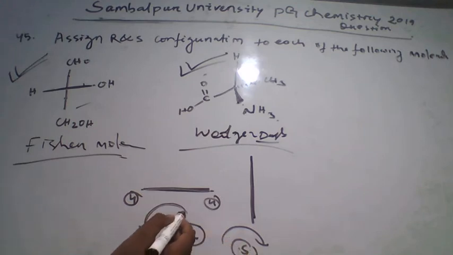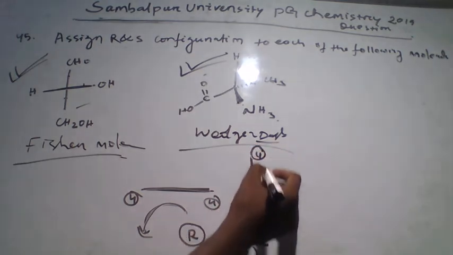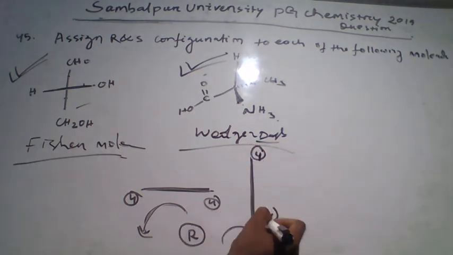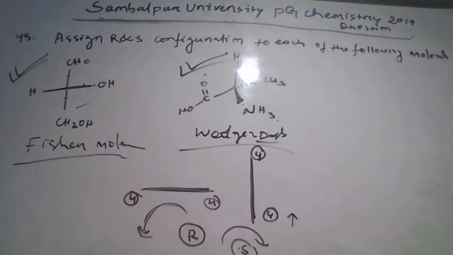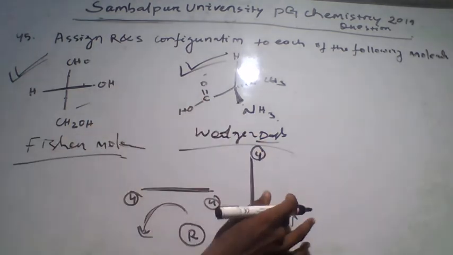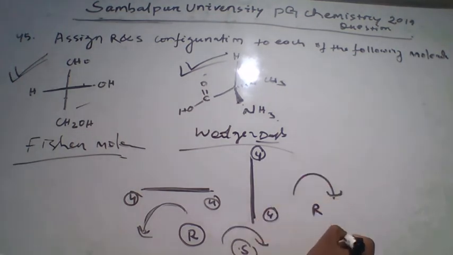If the arrow is in anti-clockwise direction, it is R configuration. Okay. If the lowest priority is in the horizontal plane, that means here or here, the configuration of the molecule is like that. That means if the arrow is clockwise, it is R. If the arrow is anti-clockwise, it is S. Okay, you have to remember these things.